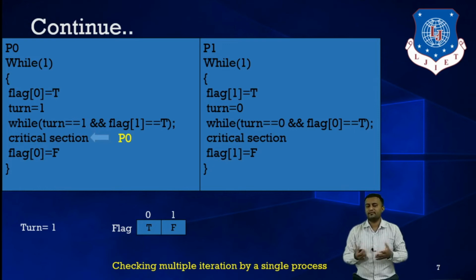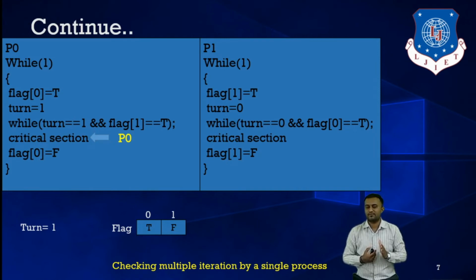So again, we are talking about this same set of code of P0 and P1. Let us execute P0 code first, and flag of 0 is equal to true, and turn variable value is 1. Now we need to check the condition: turn is equal to 1.